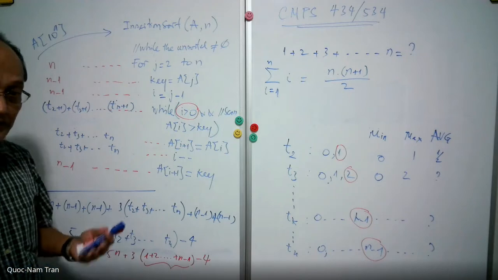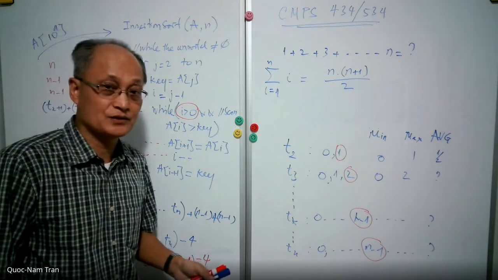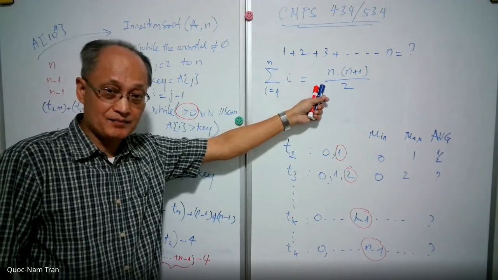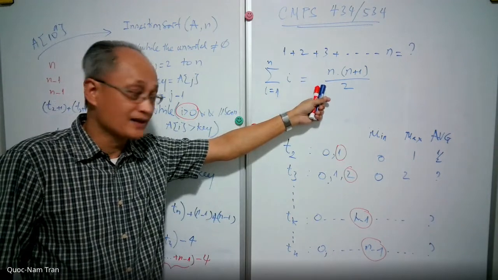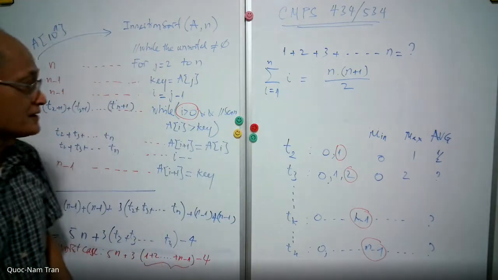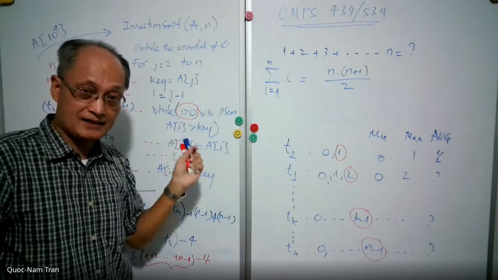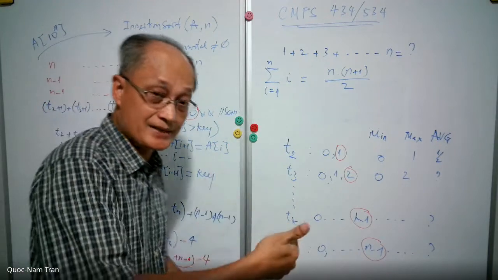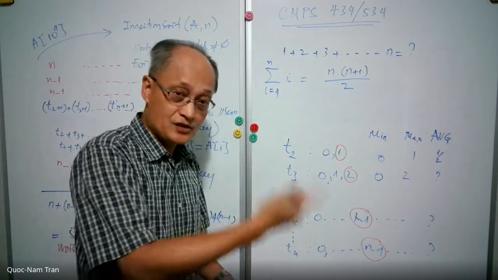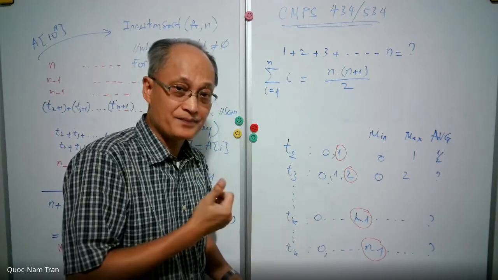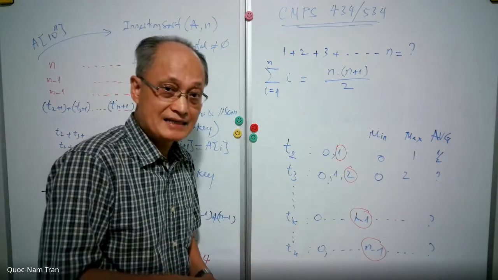Now, I want to ask you to prove this one using induction by yourself as an exercise. Just follow whatever I did for the previous algorithm. Basically, what is the base case? What is the induction assumption? And what is the induction proof? The base case is easy.